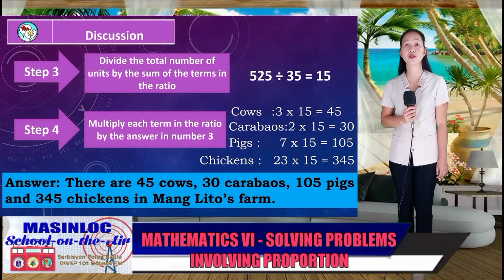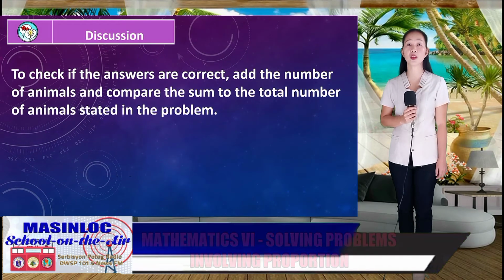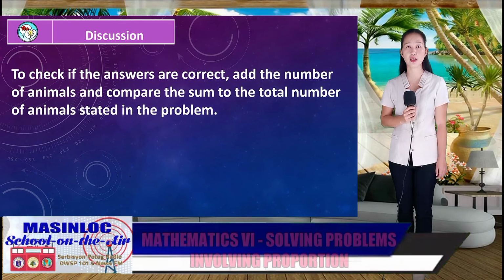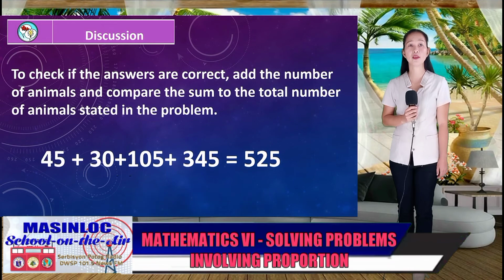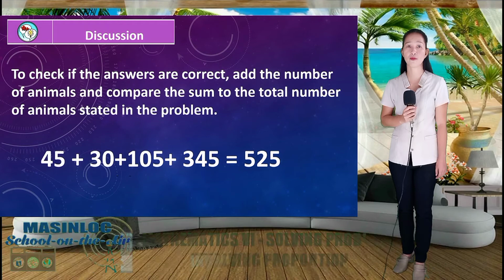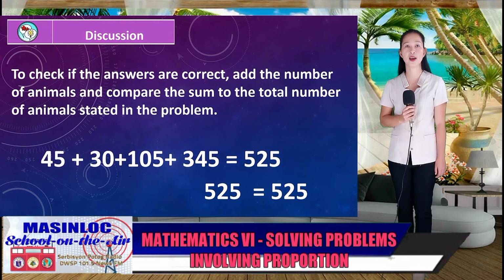To check if the answers are correct, add the number of animals and compare the sum to the total number of animals stated in the problem. 45 plus 30 plus 105 plus 345 equals 525. 525 equals 525.